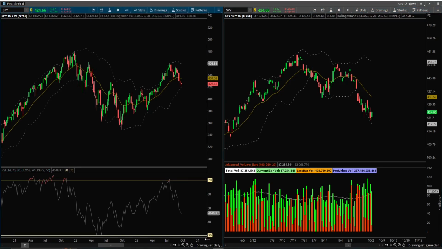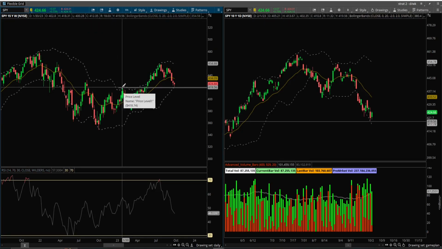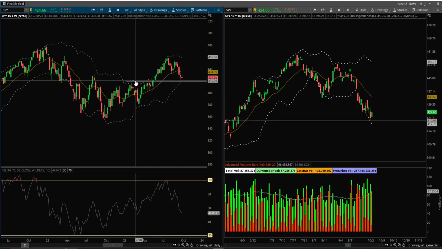I do want to point out here on the weekly chart, we did touch that lower extreme on the weekly chart, which did exactly line up with these previous highs back here, right? So we did run into a major support level down here. These are these highs from January 30th, right? So lower extreme on the weekly chart and significant highs right here.